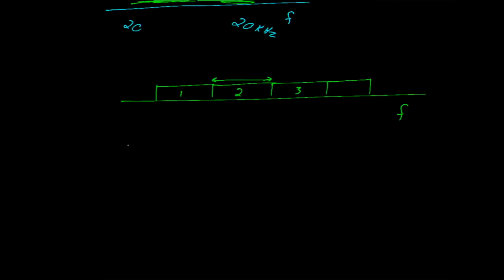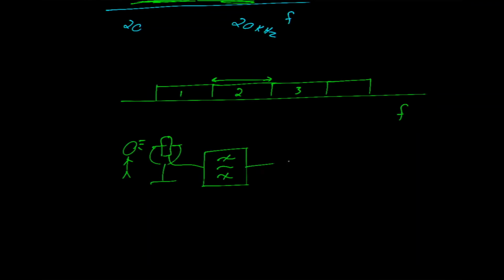What we do to prevent that is use a filter. We take the output of the microphone and we run it through a filter. Typically a band pass filter. In fact, you could call this the voice filter, with a band pass of 300 to 3000 hertz.